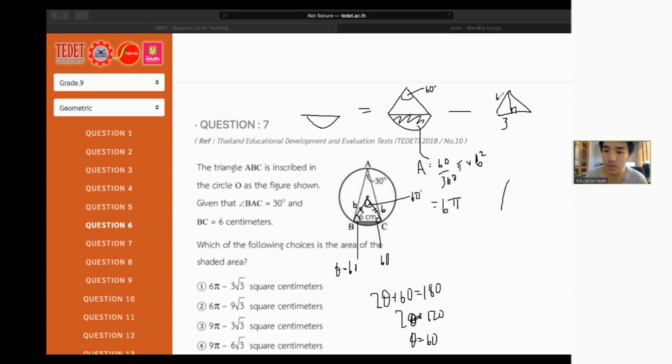If this is 6, we get the height by Pythagoras to be the square root of 36 minus 9. That is, 3 squared plus the height squared equals 6 squared.